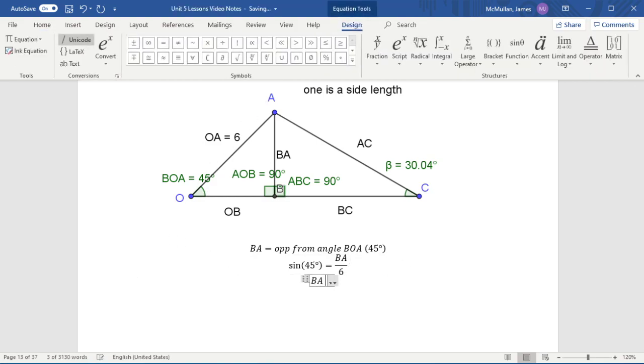BA is therefore equal to 1 over square root 2 times 6, right? So let's go through it a little bit clearer. Let's move the 6 to the other side. 6 sine 45 equals BA. I know sine 45. It's 1 over square root 2.